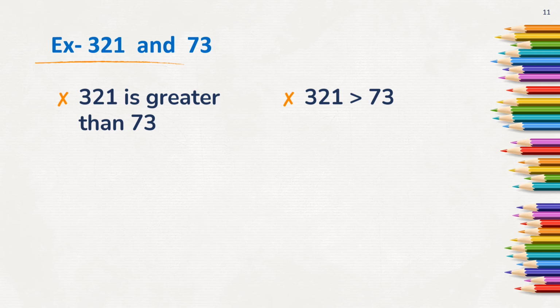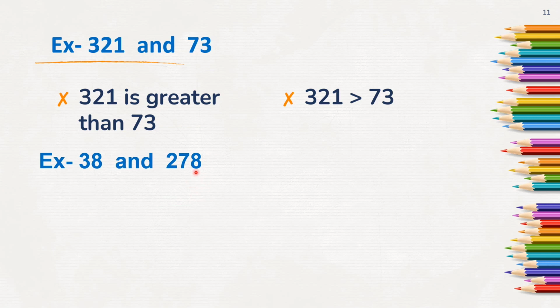Look at some more examples. 38 and 278. Here also 38 is a 2-digit number and 278 is a 3-digit number, right? So 38 is lesser than 278.